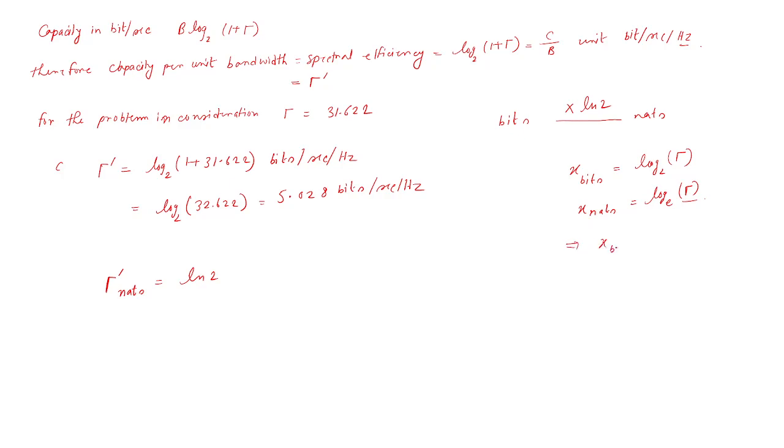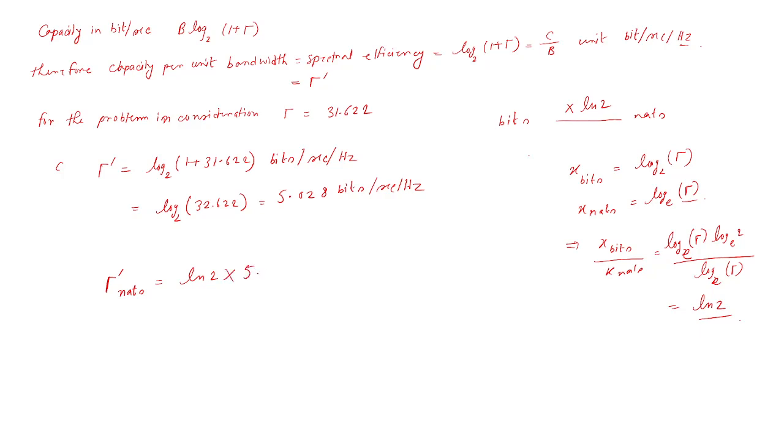If you divide both of them, x in bits by x in nats, it comes out to be ln2. From bits to nats transition, I just need to multiply with ln2.